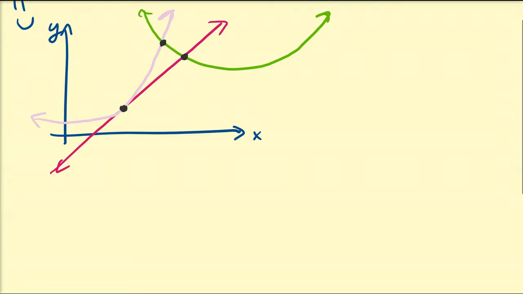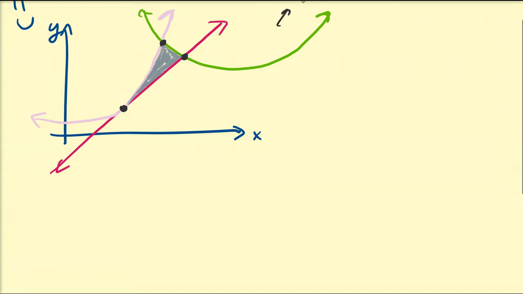Clearly, green and red is going to intersect at some point up here, but we're not actually interested in that. So the goal of this video is to find the area of this region bounded by these three curves. So it's almost like a curvy triangle looking shape.